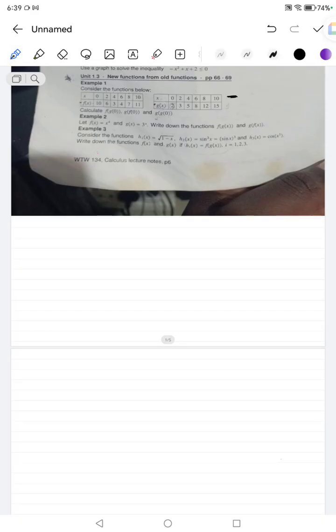So we have the first example where they say you have h of 1 of x, then they've given you your 1 minus x, then you have your root of x. Basically they're telling you to write down the function your f of x and also your g of x.